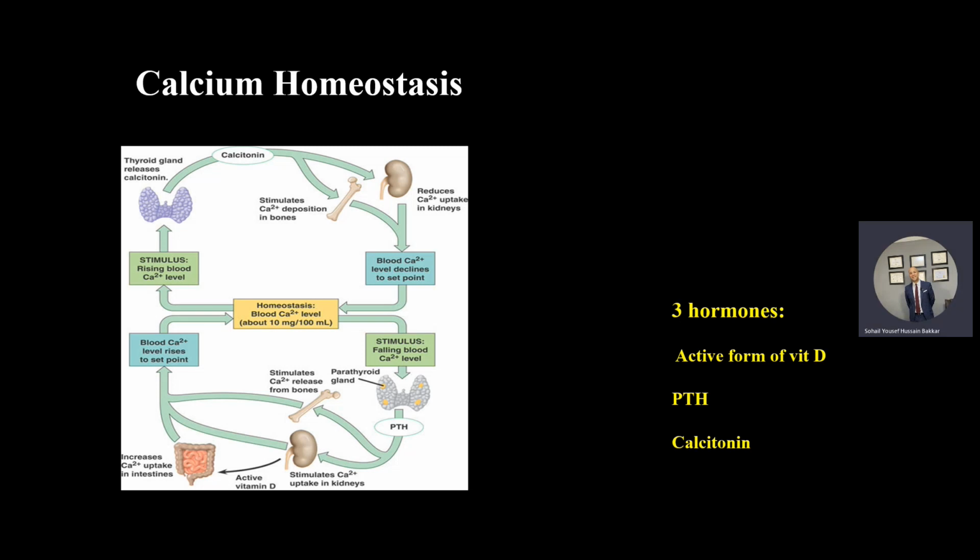What controls parathyroid hormone secretion is ionized serum calcium levels. So if ionized serum calcium levels go down, then parathyroid glands are stimulated and start secreting.